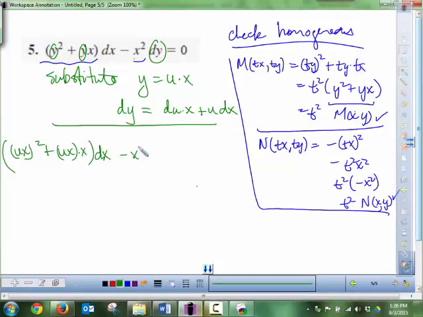Minus x squared times, now the dy needs to be replaced, and the dy is a little bit more complicated, right? So this, I'm going to just switch to order: x du plus u dx equals 0.